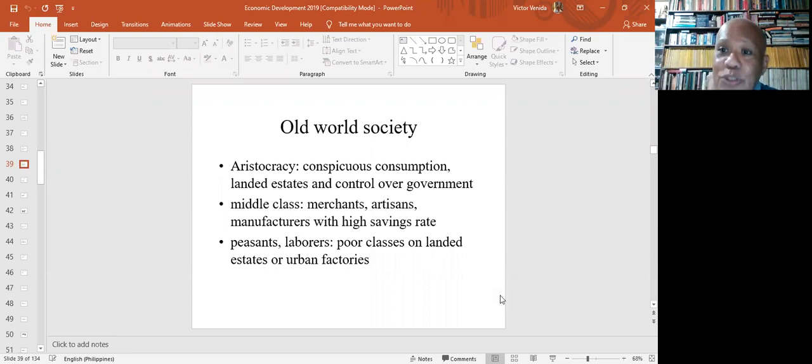So a peasant household is not a profit-oriented household primarily. The peasant household grows food and makes their own clothing.